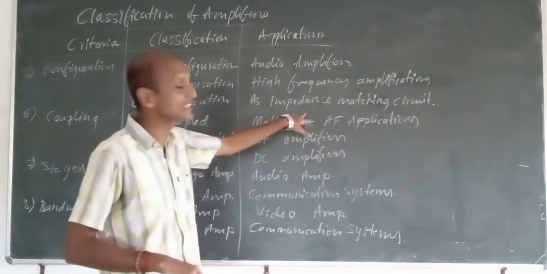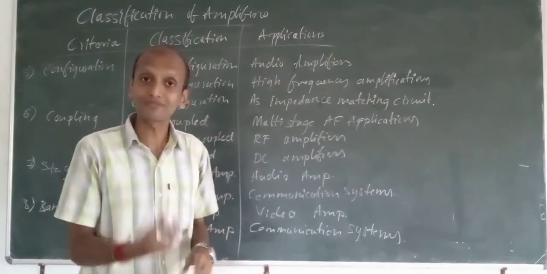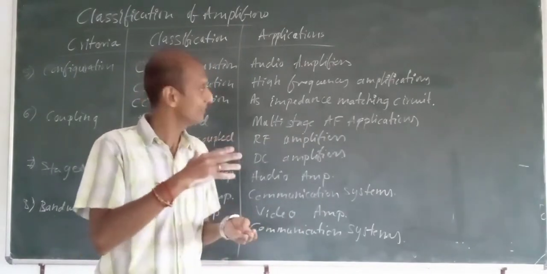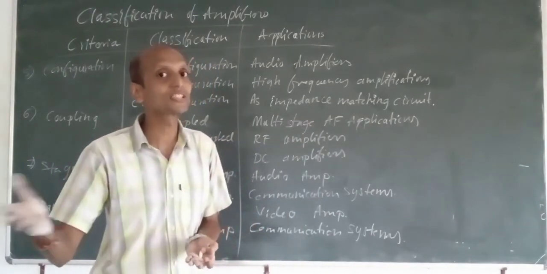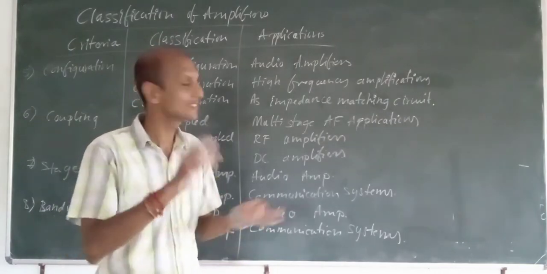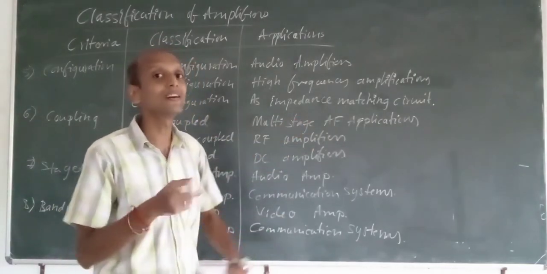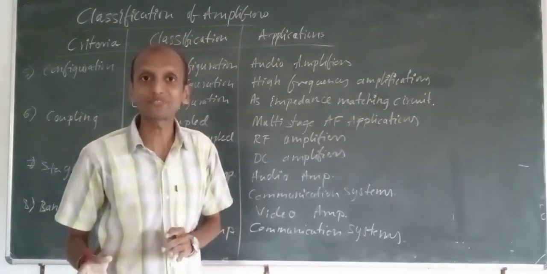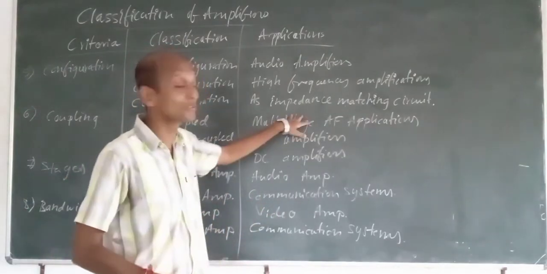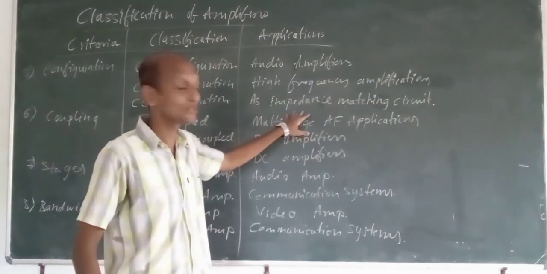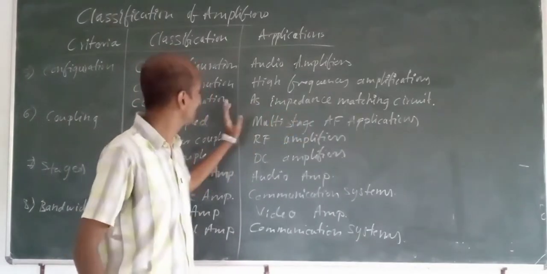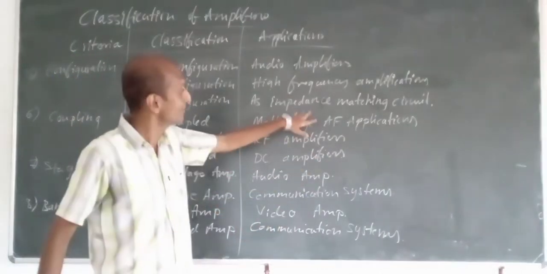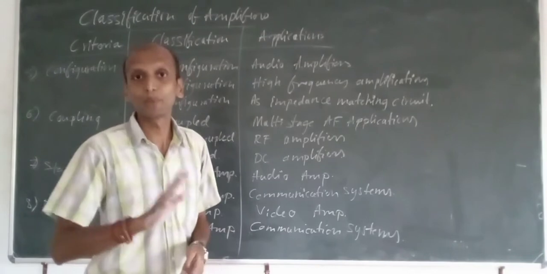So impedance matching comes in when we connect one circuit to the other circuit, and we should match the impedance properly, otherwise maximum signal or maximum power won't be transferred properly. Such circuits are called impedance matching circuits. We will be using common collector configuration amplifiers for impedance matching purposes.